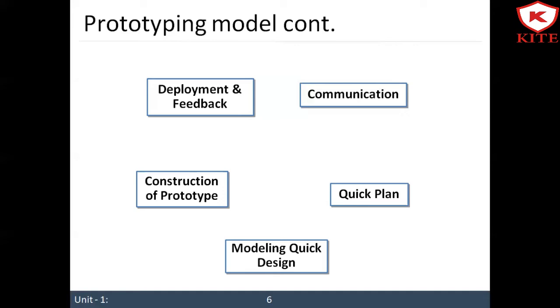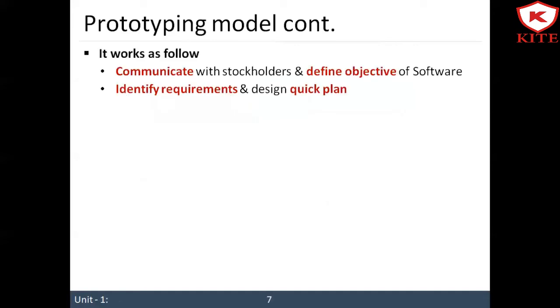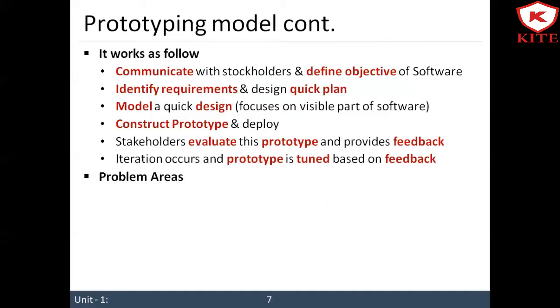If a working prototype is built, the developer attempts to make use of existing program fragments or applies tools that enable working programs to be generated quickly. So the main advantage is that we can get a prototype very fast from this type of approach.